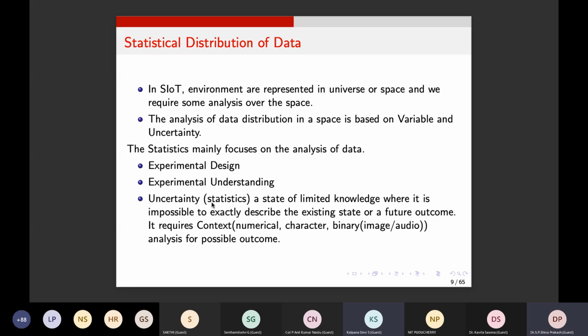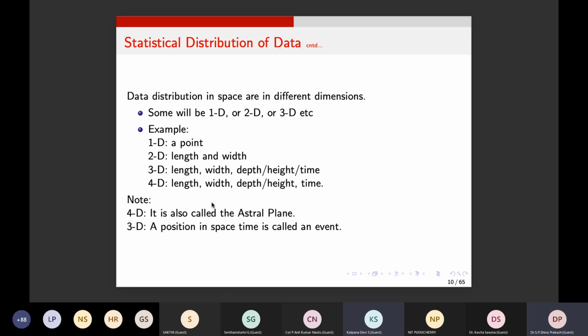When it comes to data distribution in a space, of course, it has different dimensions. Some will be 1D or 2D, or it could be three-dimensional data. When I say 1D, a point is one-dimensional data. In two dimensions, we have length as well as width.